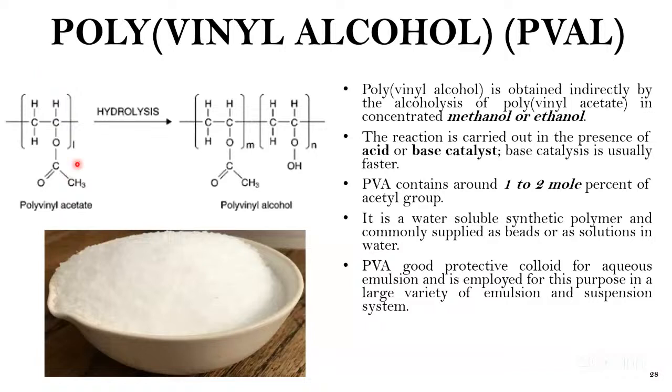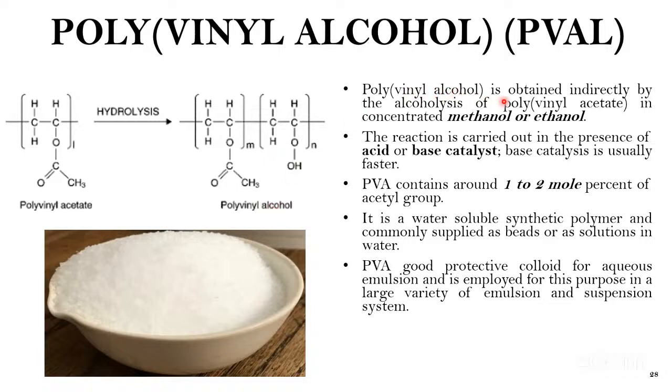So we took this polyvinyl acetate and did the hydrolysis process. Hydrolysis means we remove the acetate and attach the OH linkage to it. That's where we get this group. After hydrolysis, we got polyvinyl alcohol.